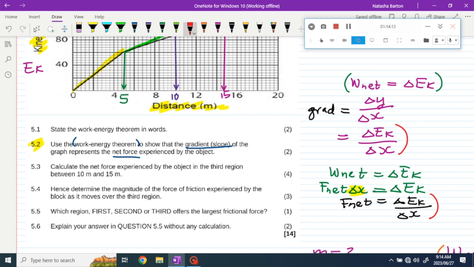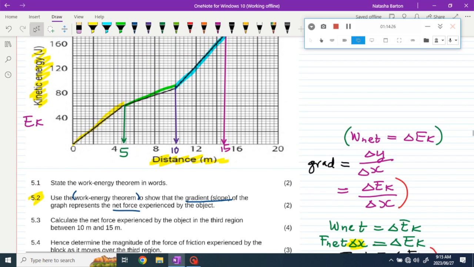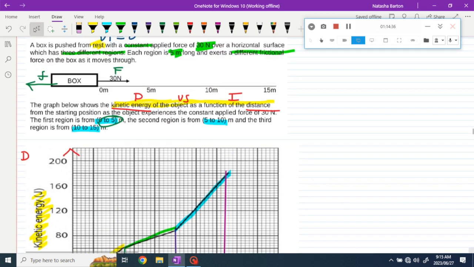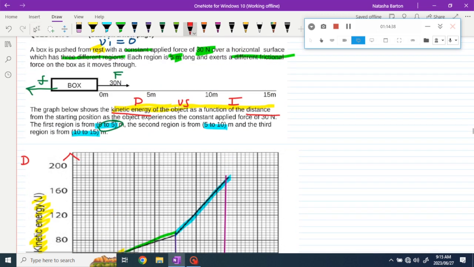In physics, gradients don't mean nothing. Gradients are normally physical quantities that we can calculate to obtain. So in this case, grade 12, if I say calculate the gradient of this yellow part, the number you get is the net force that this box is going to experience as it moves from there to there.